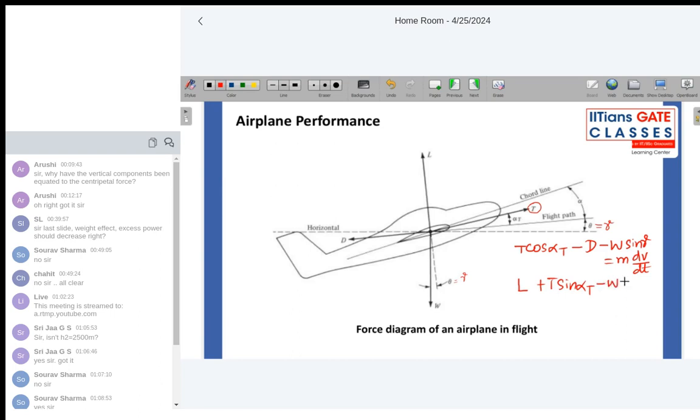So L plus T sin alpha t minus W cos gamma equals mass into centripetal acceleration, where Rc is the radius of curvature and V squared by Rc is the centripetal acceleration. So when we resolve forces parallel and perpendicular to the free stream velocity direction, these are the two equations of motion. Any doubt on this part?